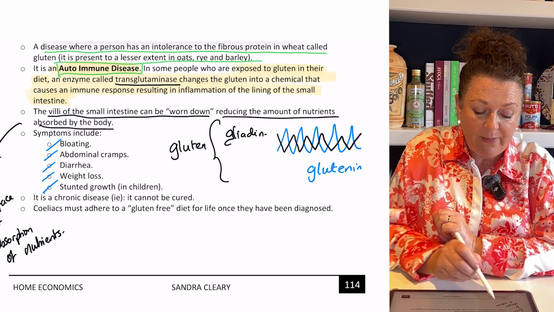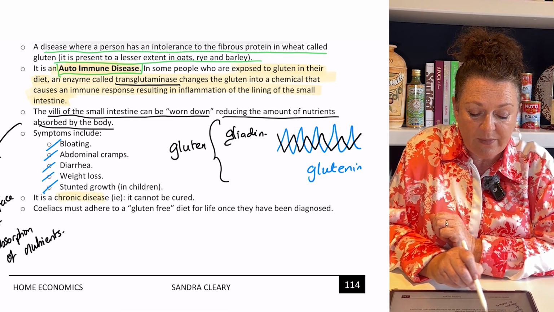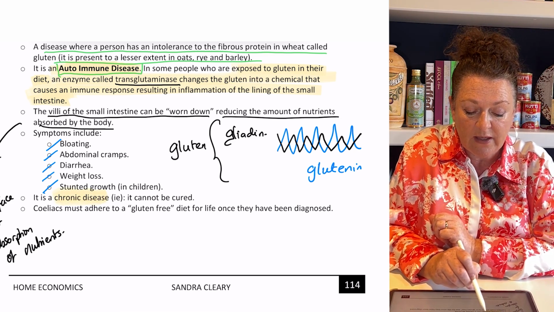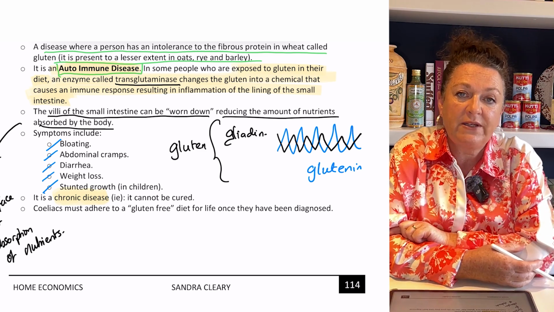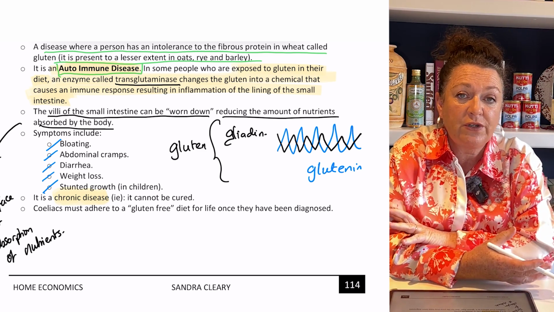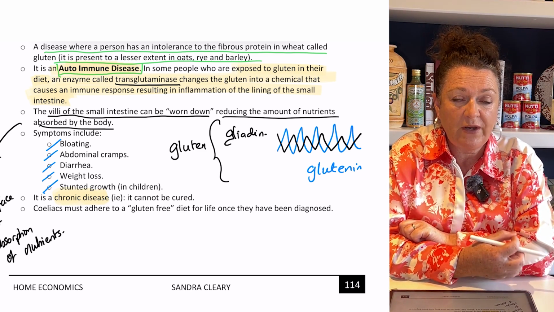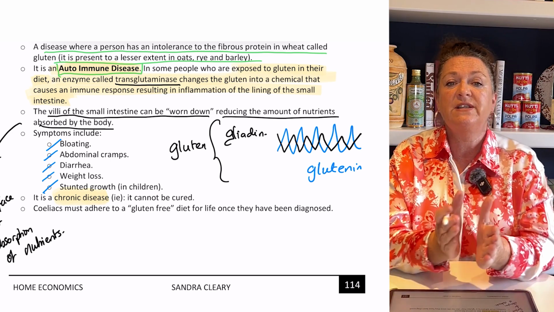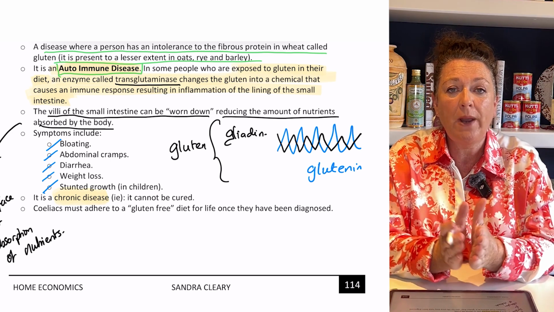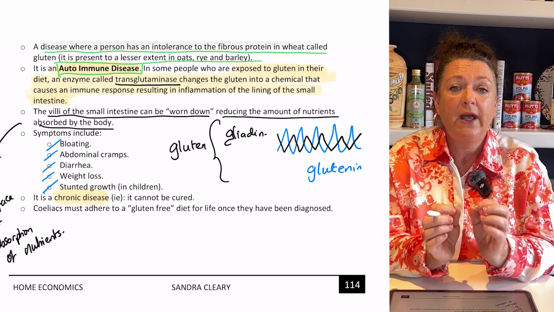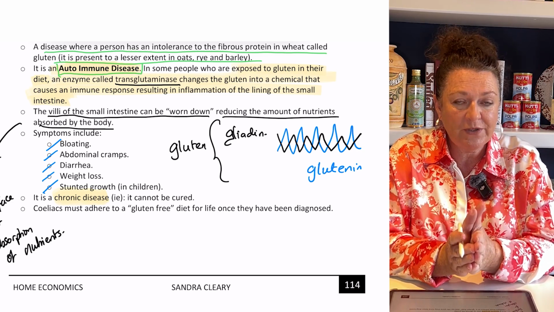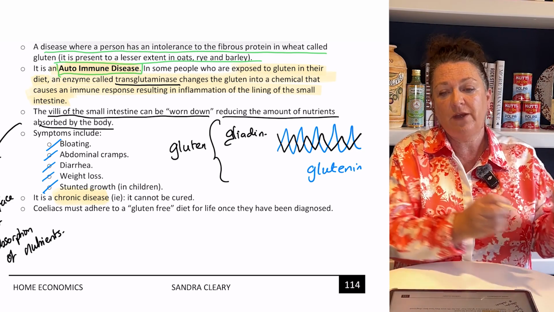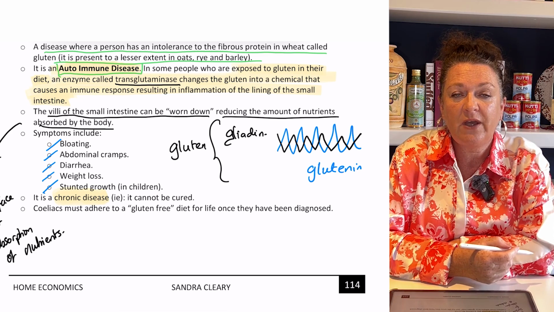Now, not to put a damper on things, but it happens to be a chronic disease. Now, what does that mean, a chronic disease? It means it can't be cured. So when a person has a chronic disease, regardless of what that disease is, because there's no cure, it's all about management. You have to manage that chronic disease because you can't cure it.